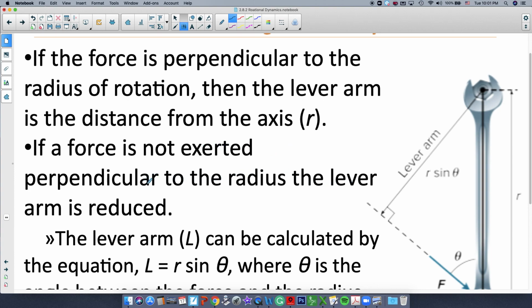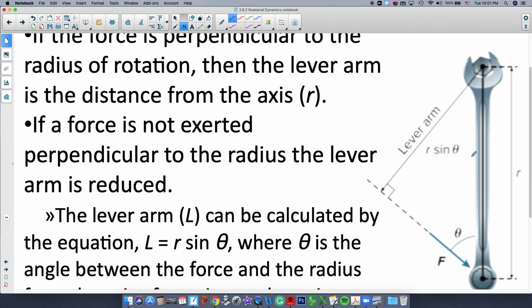If the force is perpendicular to the radius of rotation, the lever arm is the distance from the axis of rotation. So wherever I put my hand on this wrench, usually here or here depending on where the bolt is, that is going to be your lever arm from the other end. So let's say our bolt is here, and we have our hand down here. The lever arm would be the length of that wrench.